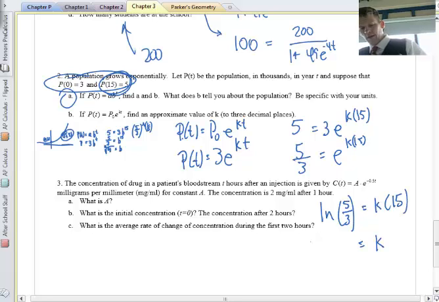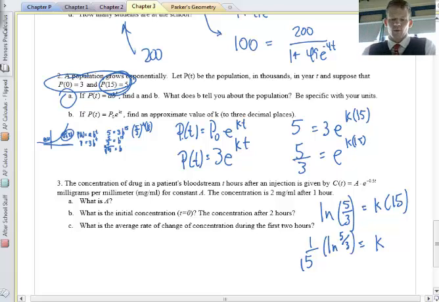Now our k value is 1/15th of the natural log of 5/3, which is totally computable with a calculator, but that's basically how you run part B to find the value of those constants. They say to use 3 decimal places, so do that with your calculator. I'm sure you can all do that.